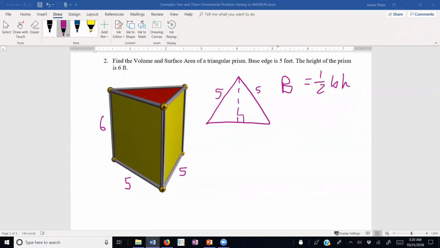I have 2 right triangles next to each other. In an equilateral triangle, the 3 angles are 60. So the left-hand side is 30, 60, 90, and the right-hand side is 30, 60, 90. And it's important to be able to flexibly use the relationships in a 30, 60, 90 triangle.